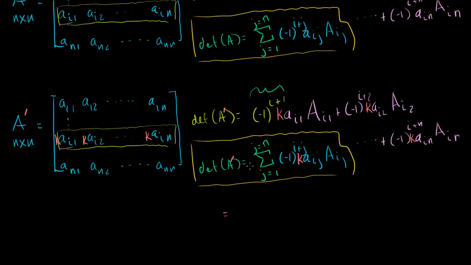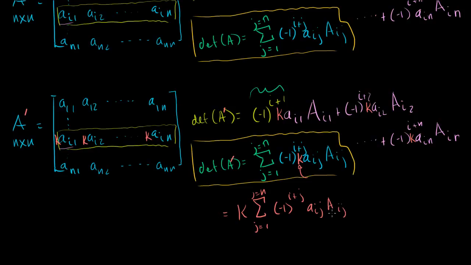we could just take out this constant right here. It has no i's or j's in it, so it has no j's in particular, so we can just take it out. So it's equal to k times the sum from j is equal to 1 to j is equal to n of minus 1 to the i plus j times aij, and this is the coefficient, and then this is the submatrix for each of those coefficients, Aij.